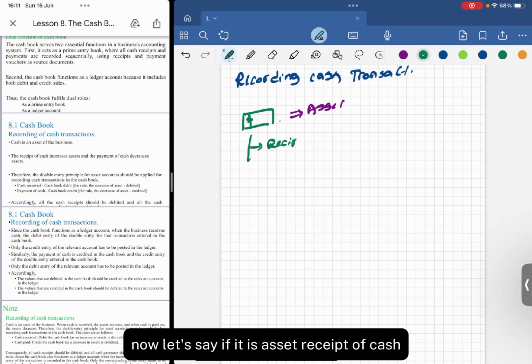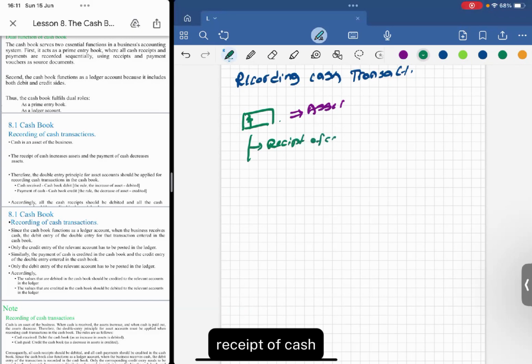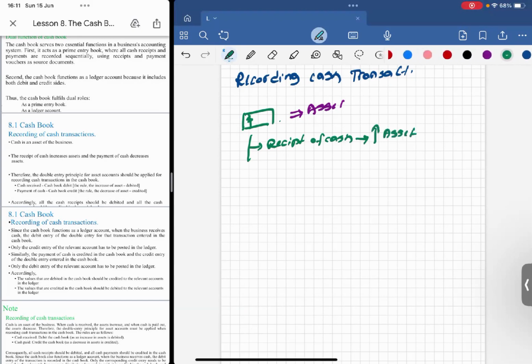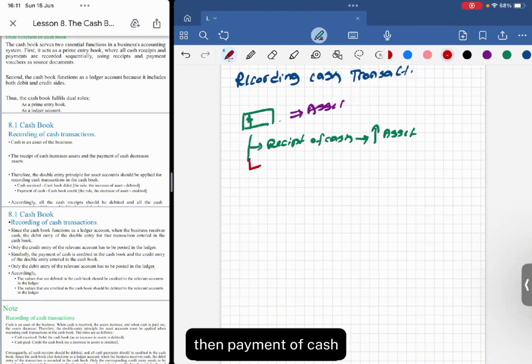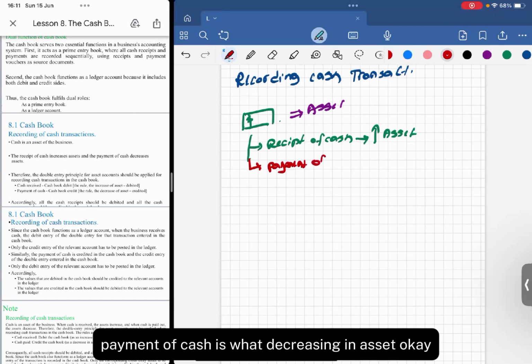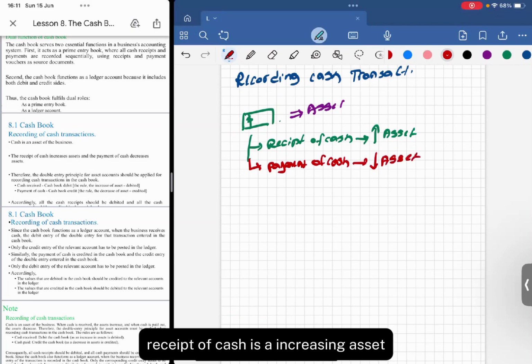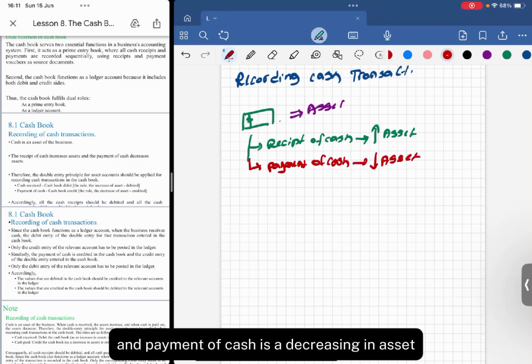Receipt of cash is an increase in asset, and payment of cash is a decrease in asset.